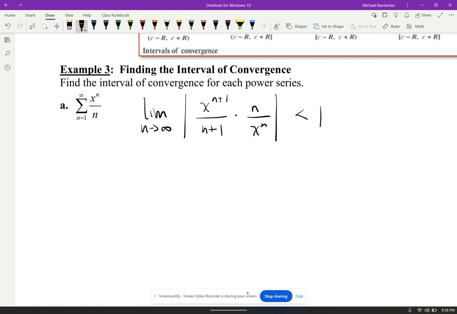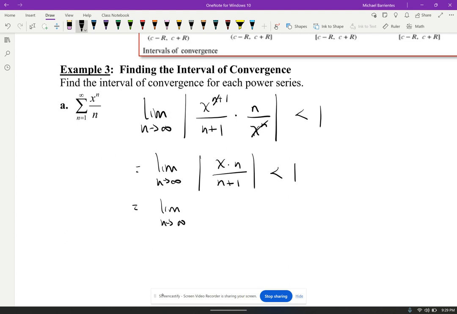Can I reduce anything? Yes, I can reduce this with this. I cannot reduce this, however, so I'm left with the limit as n approaches infinity of the absolute value of x times n over n plus 1. Now again, this limit is only affecting n's, not the x, so I'm going to separate it.